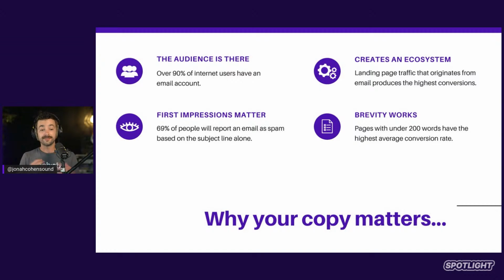The other thing your copy really does is create a clear ecosystem across all of your products, your brand, your emails, everything. Once you get in the flow of writing copy using good psychological sales tools, but maintaining your own personal voice, once you find that balance, it's going to create an ecosystem across all of your platform.